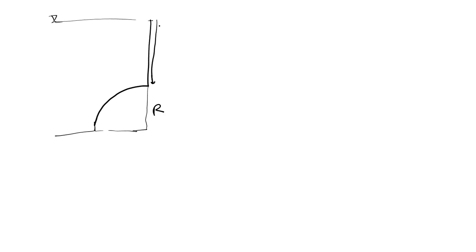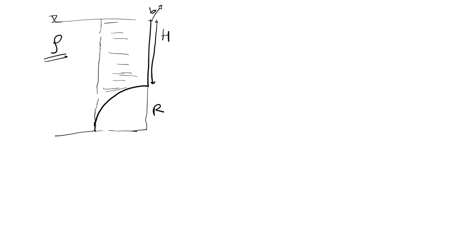Now, say this is the question where the semicircle has radius r, the height from the free surface is capital H, and the density of the fluid is rho. So what are Fv and Fh? I draw the imaginary line. I'll calculate this whole volume, and let's consider the width is B here.